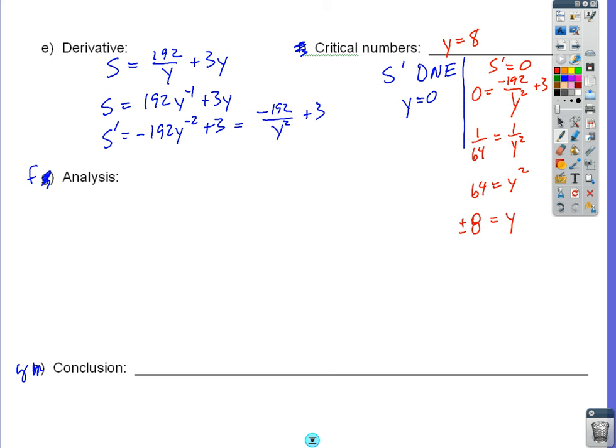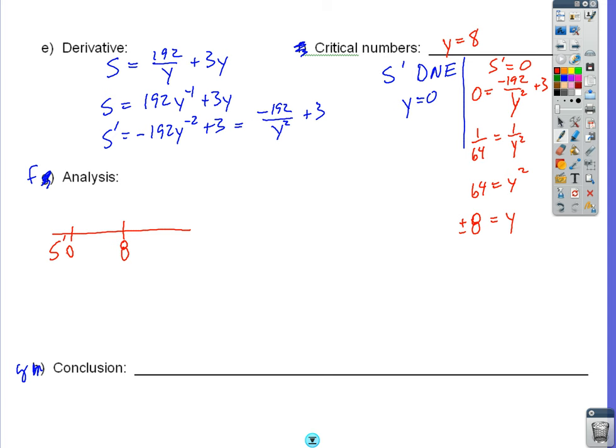Then I come over and do my analysis. I take a look at S prime, and my only critical number is 8. But I also have to realize what my domain is for y. My domain for y cannot be less than 0, so I make a conscious decision when I choose my test values that I do not go below 0.